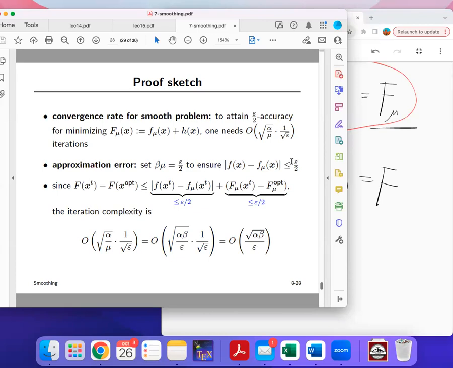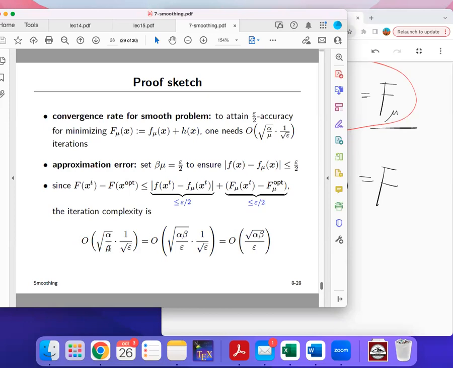It is bounded by epsilon over 2. Once you have a good optimization solution plus a small approximation error, putting these two together will guarantee a small optimization error for the original problem. So the overall iteration complexity is given here.